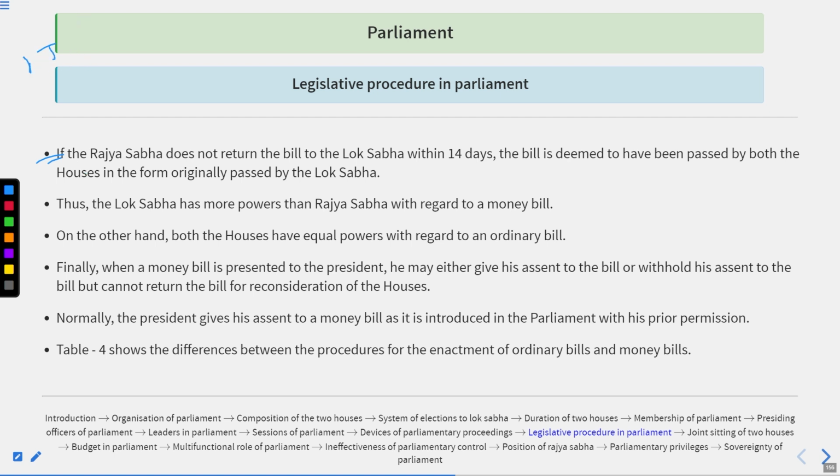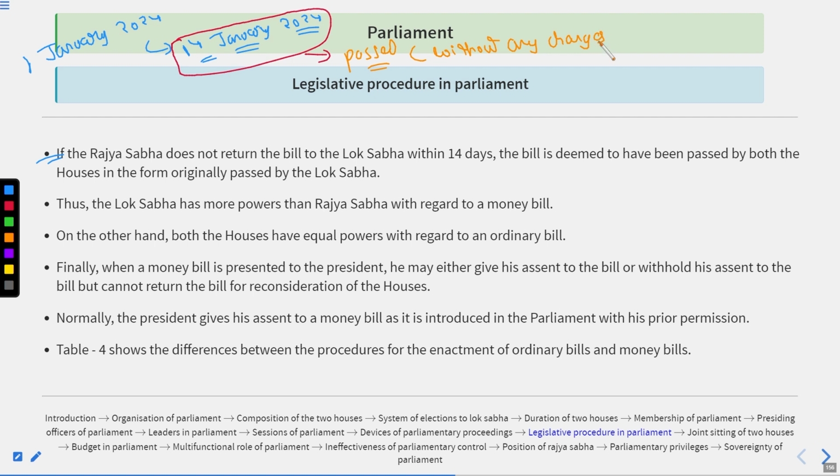It means that if within the tenure of 1st January 2024 to 14 January 2024, the Rajya Sabha fails to return the bill, then after the expiration of 14 January 2024, the bill would be declared as passed without any changes because the Rajya Sabha failed to introduce any changes in the bill.